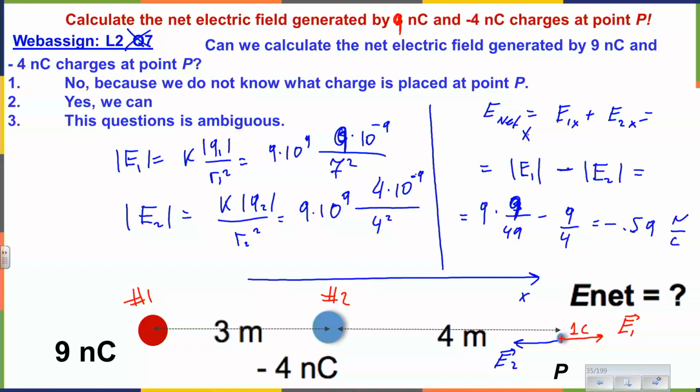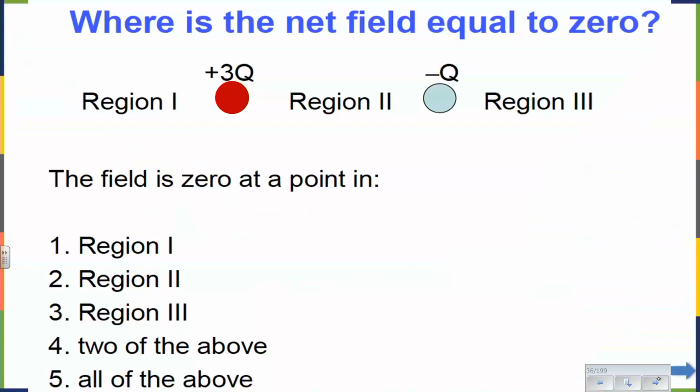Any questions? So technically, a problem related to calculating net electric field is no different from a problem for calculating net electric force. Okay, again, not a question, but we know what to do. Technically, all we have to do is to analyze 9 different regions.